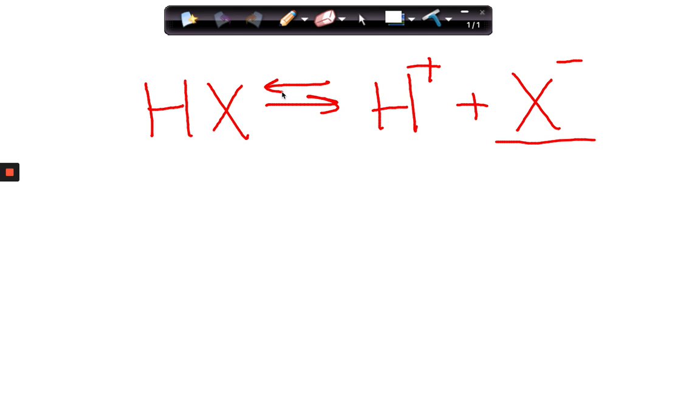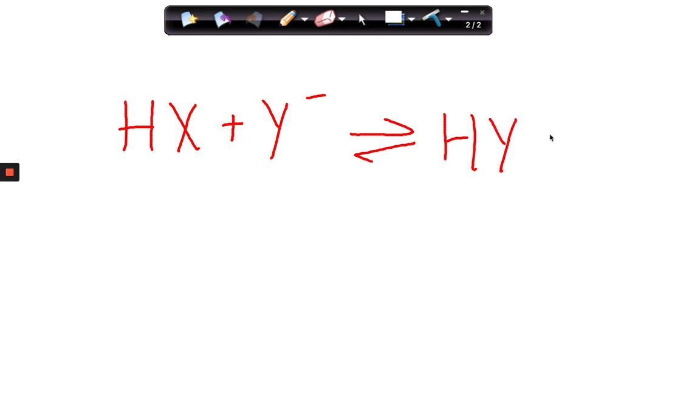So here's the idea. So let's scratch this down. So we've got HX plus Y negative, and that had better be in equilibrium, and it is, with HY and X negative. So we've got an equilibrium that looks like this.